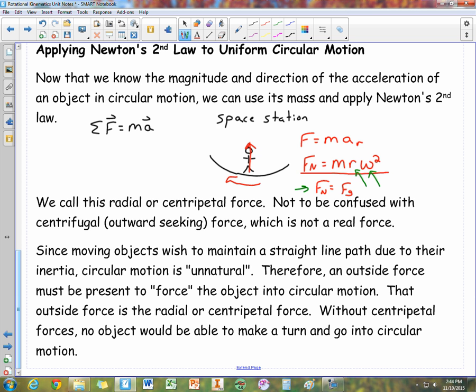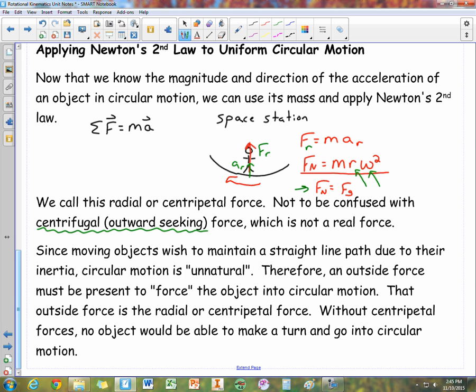Now, if we call this a radial force, because it goes with the radial acceleration, we also call this the centripetal force, not to be confused with centrifugal. Centrifugal is different. The British call it centrifugal, and it means an outward seeking force. Those forces are not real. Only centripetal forces are, center-seeking.